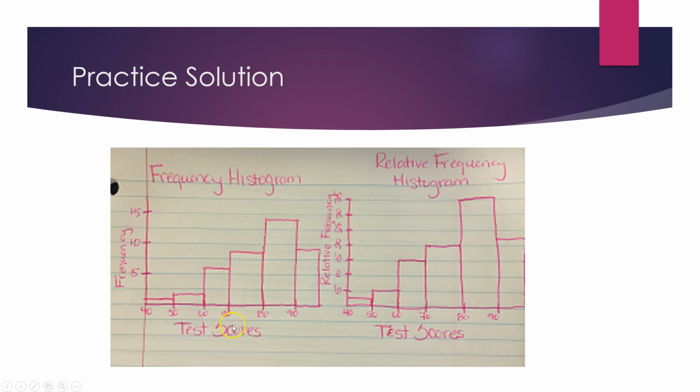Another note is that my labels on the bottom axis have what my data represents, which in this case was test scores. I did do this by hand, so the width of my bars is pretty close to being equal. But this is why we want to use software for something like this. We want them to be exactly the same width because 51 to 60 is exactly the same width as 61 to 70 and so on.